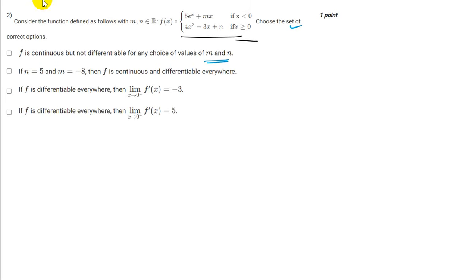So you know that until we define what m and n are, we can't even say that f is continuous. Okay, because it might occur that this function comes like this and the other part of this function starts like this. Anything can happen, but until and unless we define m and n, we can't say anything.